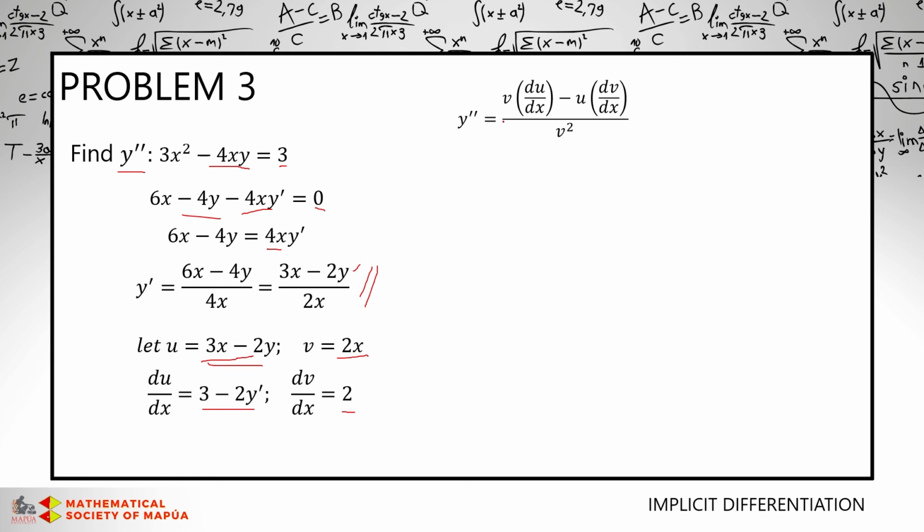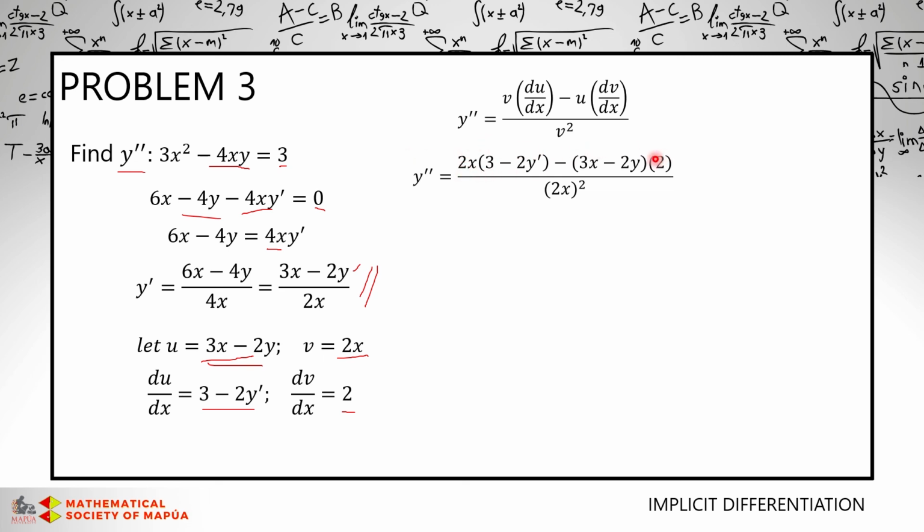Okay, so just substituting the values, we have v is equal to 2x, du is 3 minus 2y prime, u is equal to 3x minus 2y, and dv is equal to 2. Then we have v squared is equal to the square of 2x. Then simplifying, distribute natin lahat na kailangan i-distribute sa numerator.